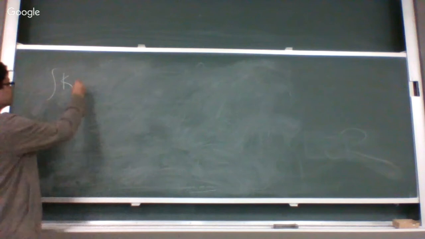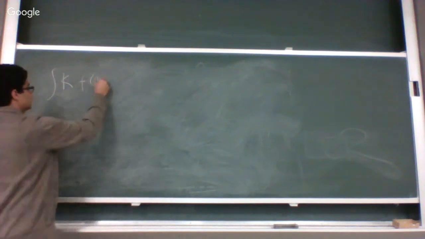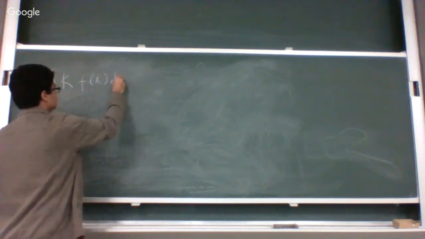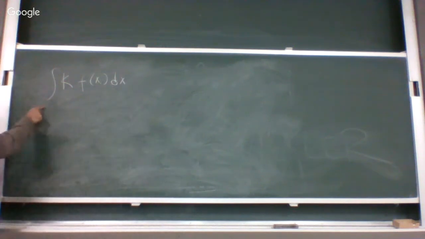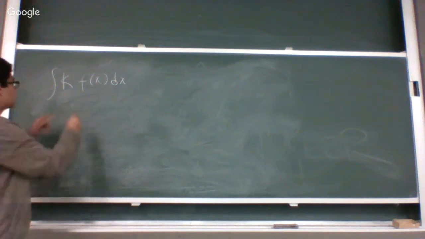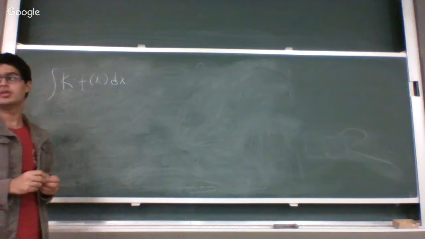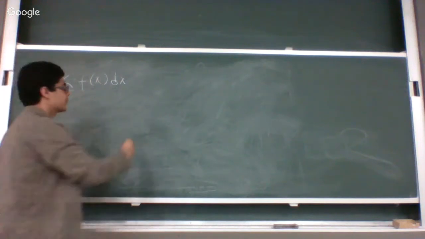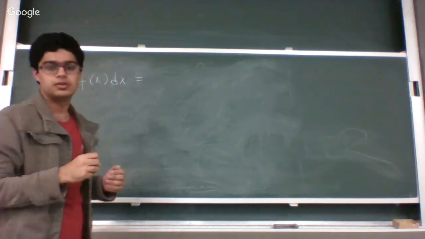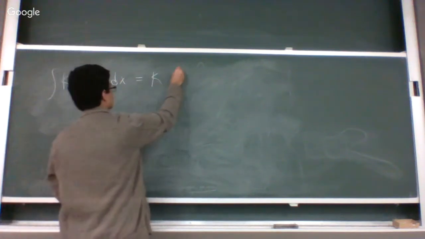Just for right now, I'm going to go through some of the rules. Two main important parts: you have the integral sign and dx. Say we have the integral of k times f of x. K is a constant. Whenever we multiply it with a function like this, the constant multiple rule tells us that the constant can just come out.